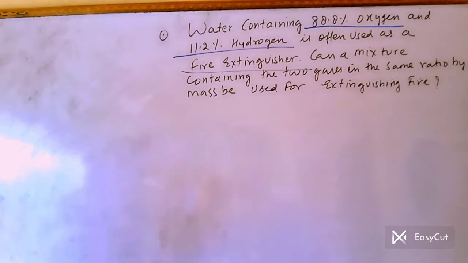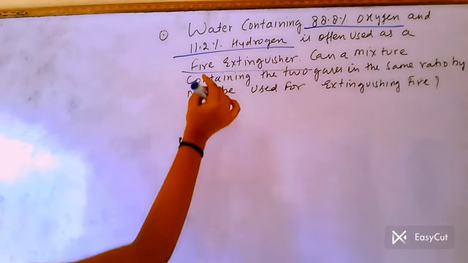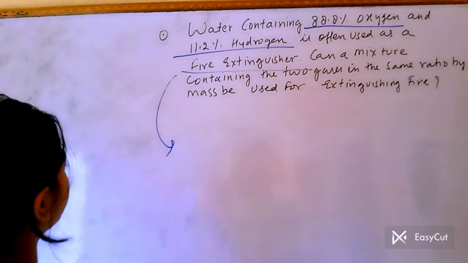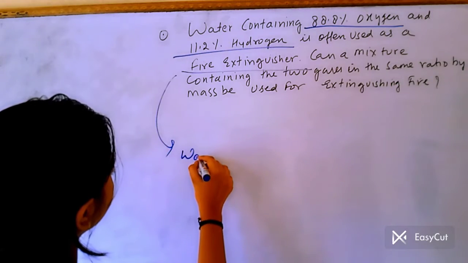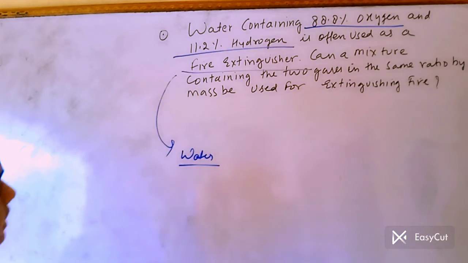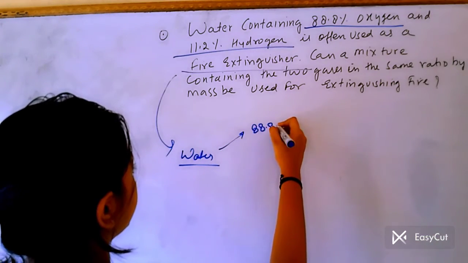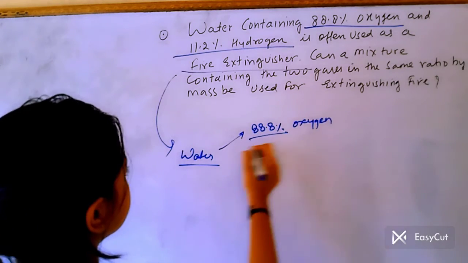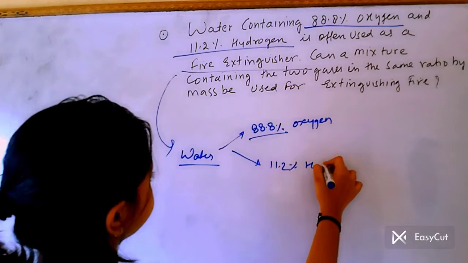First, understand this question. The understanding is very important. This question is saying water is often used as a fire extinguisher, which has a ratio of 88.8% oxygen and 11.2% hydrogen.